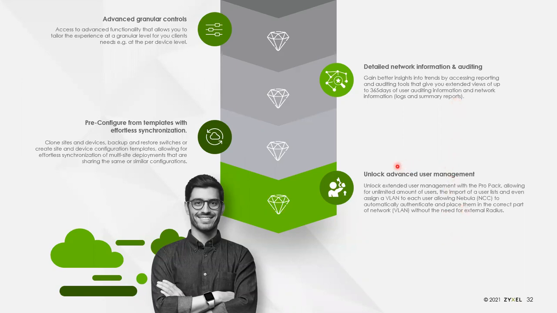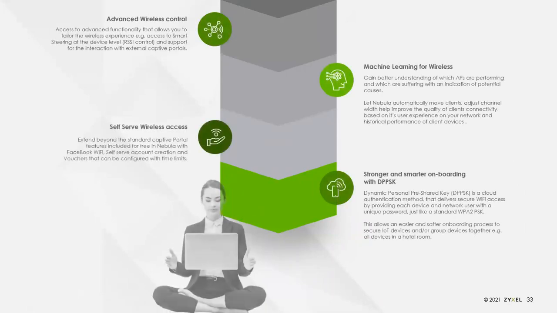We get you more advanced user management, such as the ability to do dynamic VLANs. We have these things called templates, which will let you change settings across multiple sites at the same time. You simply load up the template, choose the things you want to change, and it will automatically apply them across multiple sites, so you don't have to go into each site and make the changes.